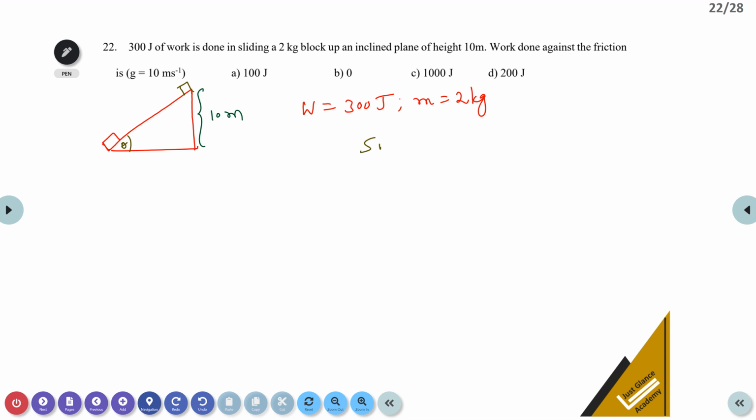Substitute this. Sin theta equals h by d. Therefore, h equals d into sin theta.